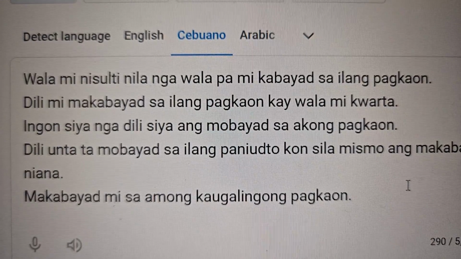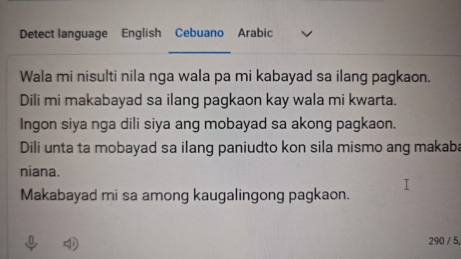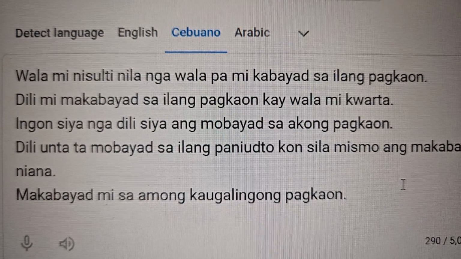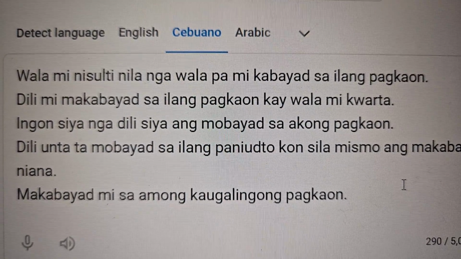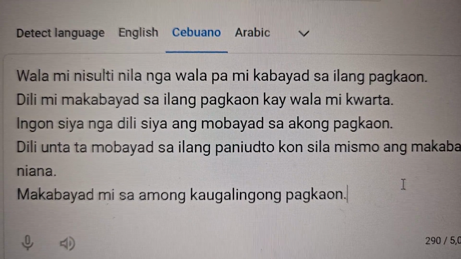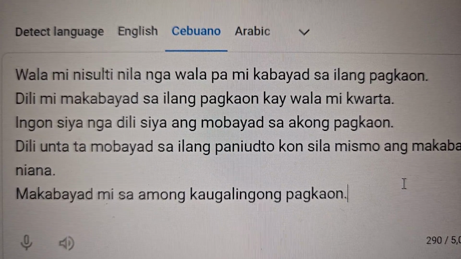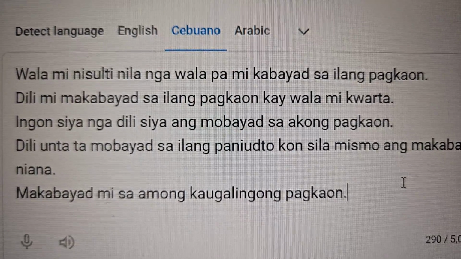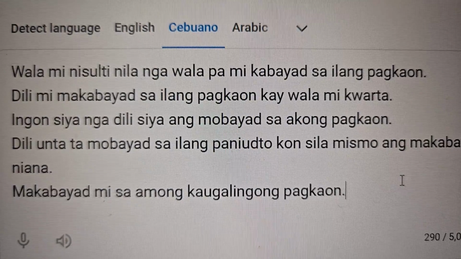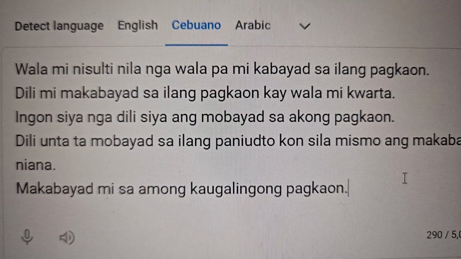If we use the pa, then we're trying to say we're going to be paying for their food, but we haven't yet. But some people think what they're trying to say is we haven't paid for their food. So they didn't catch the pa there. Wala pa mi kabayad sa ilang pagkaon. The translation is, one more time, we haven't paid for their food yet.